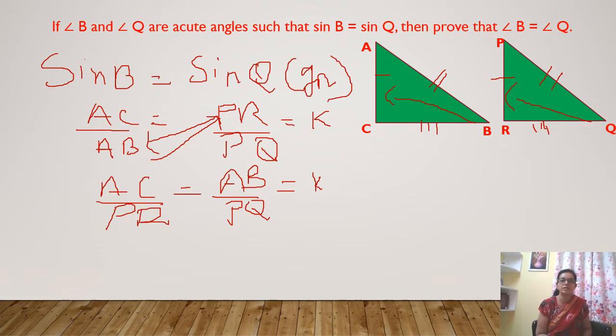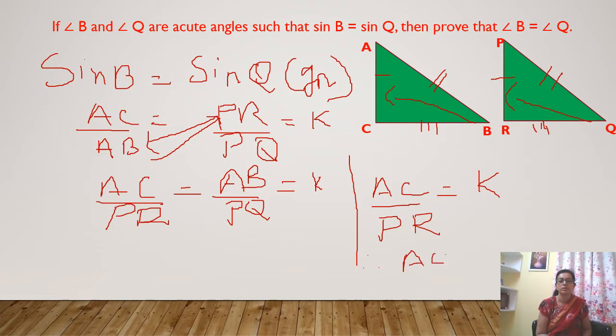Let us take the first pair AC upon PR is equal to K. Therefore, AC is equal to KPR.